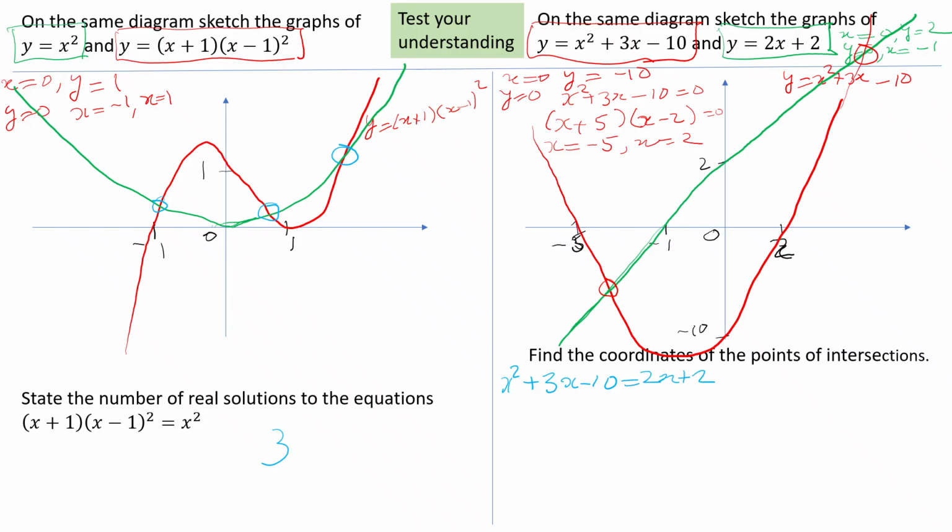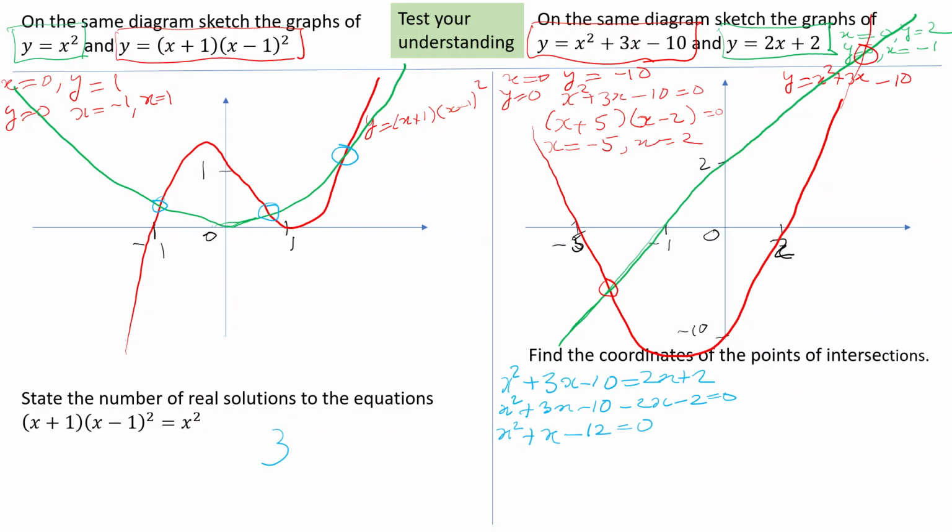So rearrange this equation equal to 0: x squared plus 3x minus 10 minus 2x minus 2 equals 0. So x squared plus 3x minus 2x is plus x, minus 10 minus 2 is minus 12, equals 0.